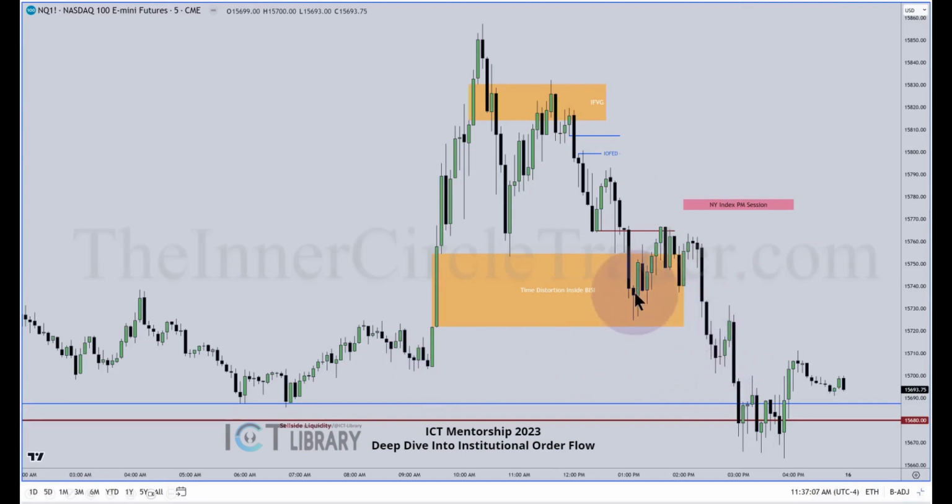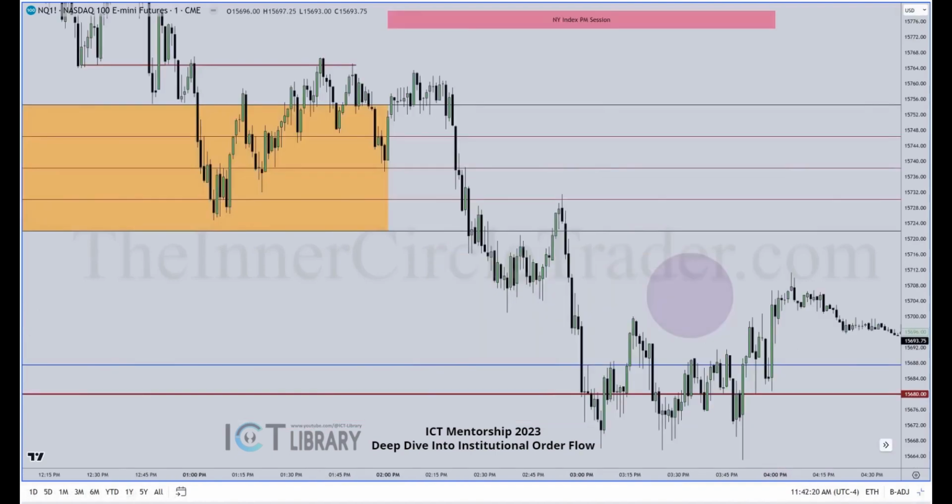Trades up into it. Consequent encroachment of the low on this wick. Boom. Sells off, hits the sell side liquidity, and trades to the 20% level of the weekly candlestick. So from the high to the low, measure that, and it retraces 20% of the weekly range in here.